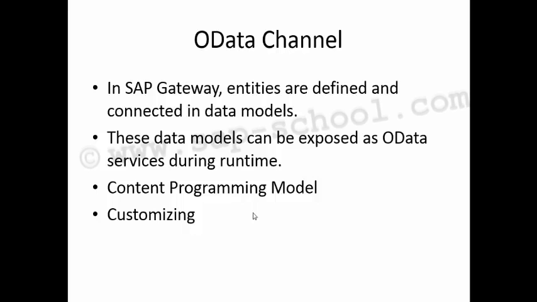Now we can do customization in the OData channel. This is called customizing. What comes under customizing is that SAP Gateway supports multiple SAP backend systems as providers of OData content. Since the OData content can be provided by multiple SAP systems, we must configure the connectivity between the SAP backend system and the SAP Gateway system.